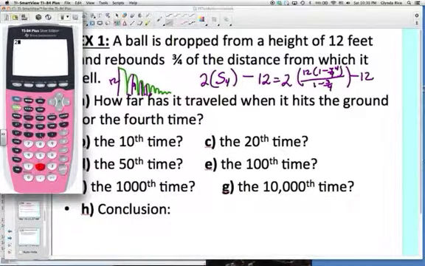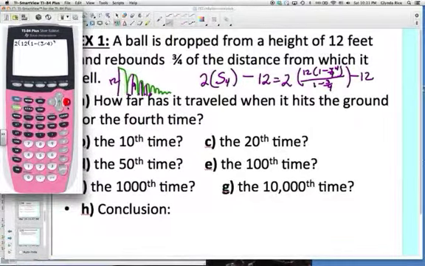So I'm going to go 2 times, and then I need the numerator by itself, so that's 12 times 1 minus 3/4. Oh, I've got to put a parenthesis in here. And then to the fourth power.